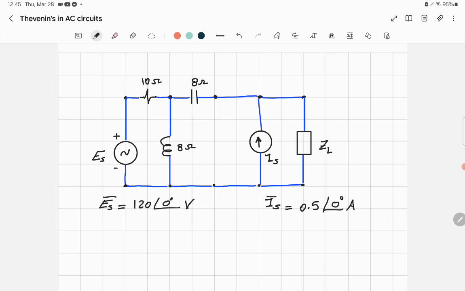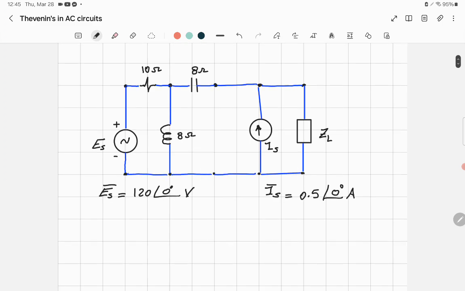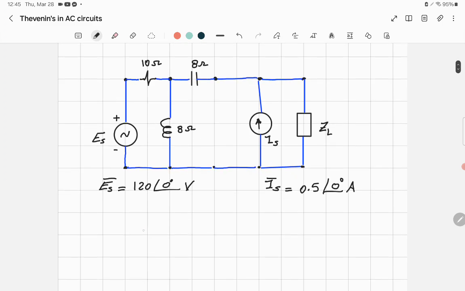So in front of us there's an example of an AC circuit, and in the end we wish to have one equivalent circuit like that. One source that will be E Thevenin, exactly as we did in DC, in phasor form of course, and in series with an impedance. The impedance could be R with an inductor or capacitor, whatever, depending on the circuit.